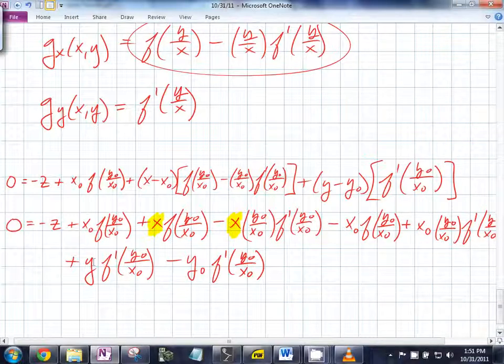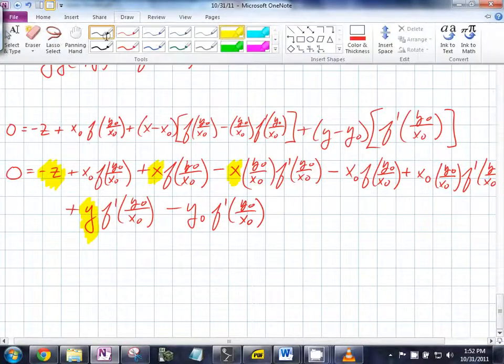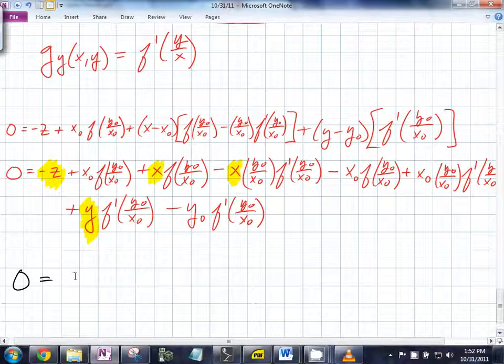So if we do this in order, x then y then z, we end up with 0 is equal to x times what? X times f of y naught over x naught, minus y naught over x naught times f prime of y naught over x naught, times 1 over x naught. Bracket.